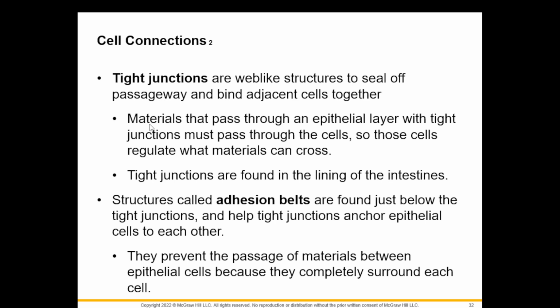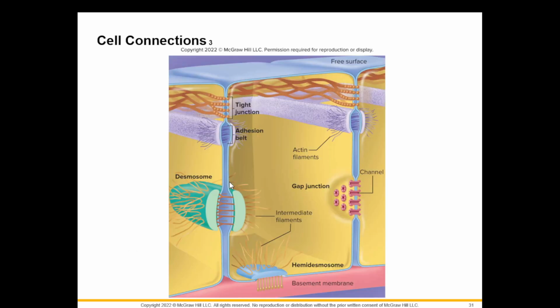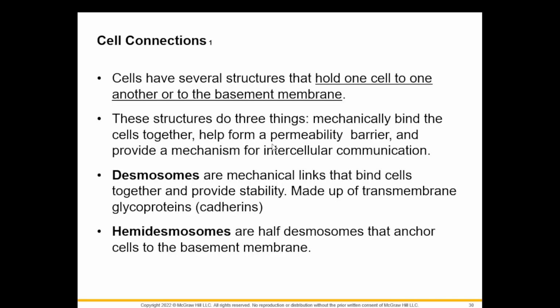This means that materials passing through an epithelial layer with tight junctions must pass through the cells, so that those cells can regulate what materials can cross. Where are your tight junctions? They are here on top. These connections not only connect two cells together, but also regulate the passage of substances from one cell to the next.